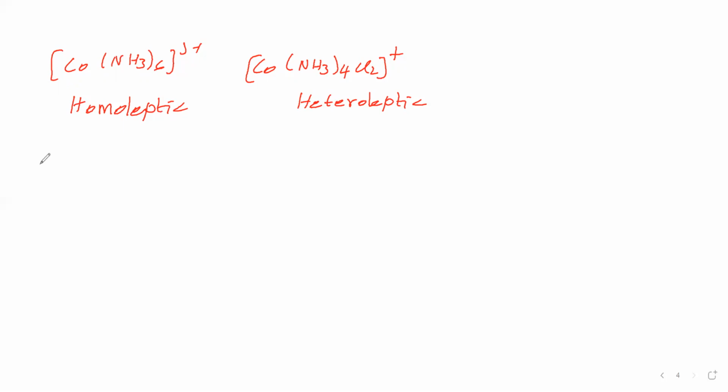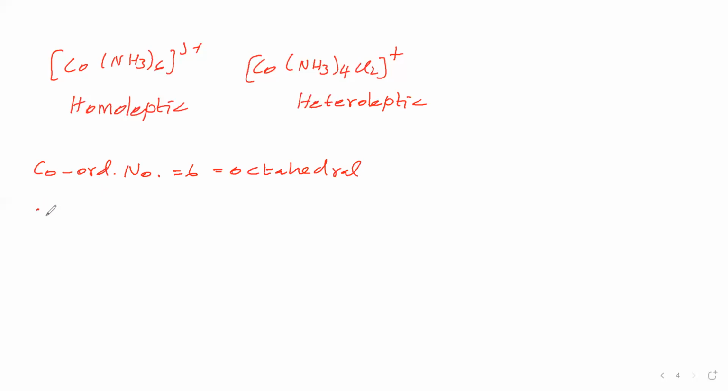Coordination number 6 means that is an octahedral complex. What is the hybridization of the central metal? That is how valence bond theory explains, we will see.